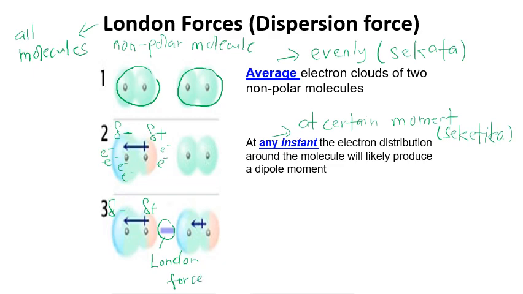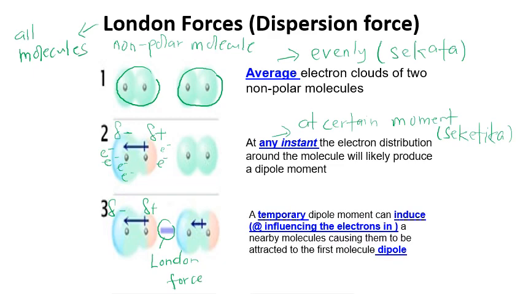Because this side is positive, it can induce a temporary dipole moment; induce in Bahasa we can say mempengaruhi. So it will influence the molecule next to it, so that more electrons will be attracted to this side because it is positive, and then the other side will become partially positive.